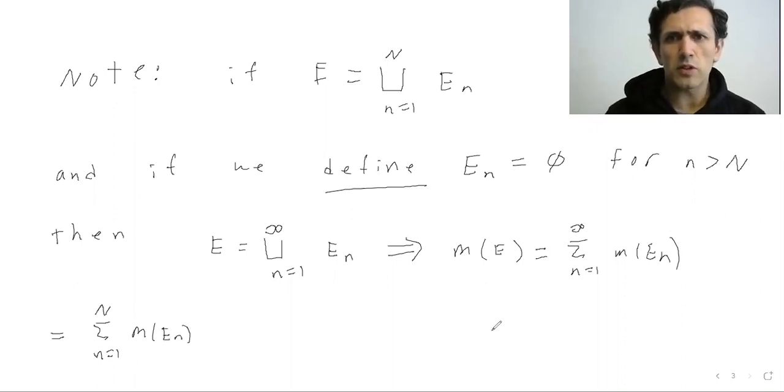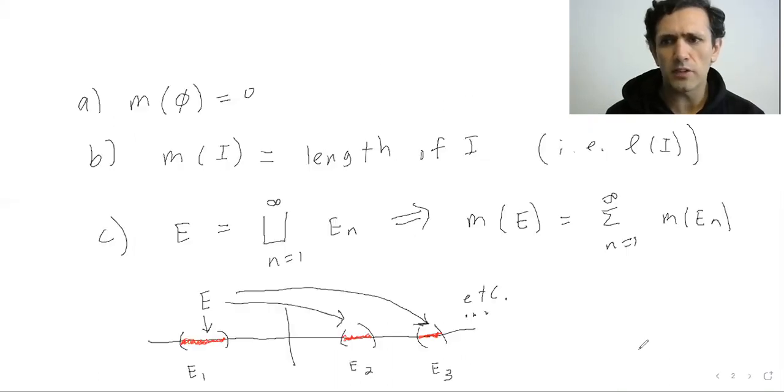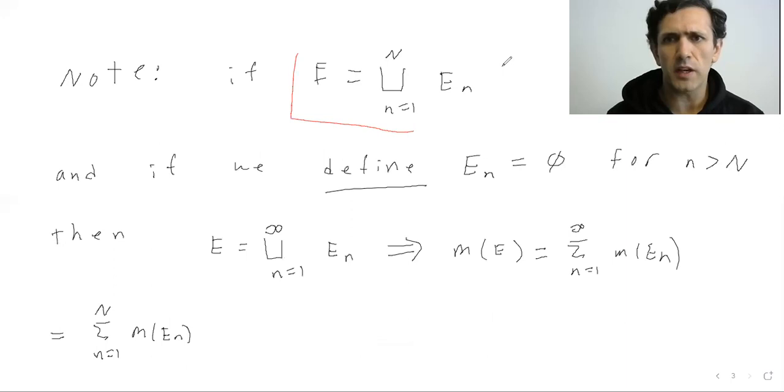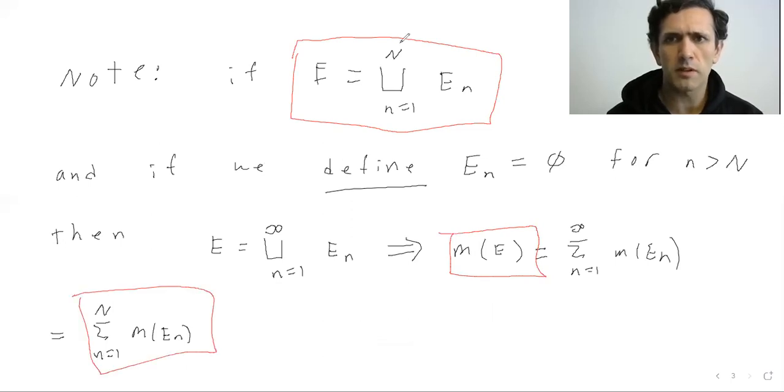So in other words, as I said, this property C here, thanks to A, is true for finite unions. If E is this finite disjoint union, then the measure of E is going to be this finite sum.